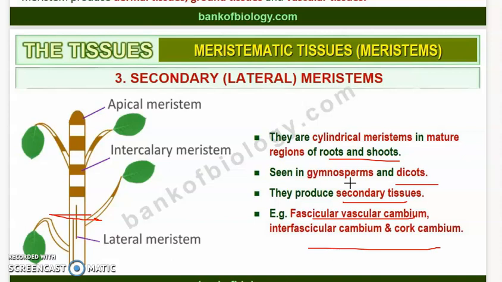Secondary later stage of growth tissues form ചെയ്യാൻ സഹായിക്കുന്നത് it is the lateral meristem. Clear with this, children? Okay, so following divisions of cells in both primary as well as secondary meristems will lead to newly formed cells which are structurally and functionally specialized, and they will lose the ability to divide.